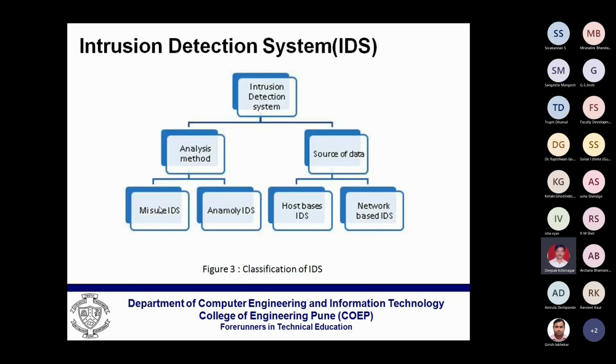The anomaly-based system creates a behavior profile based on the learning data. Whenever new traffic enters your network, it creates a profile for the new incoming traffic, compares the old profile with the new profile, and makes a decision. That is called what?